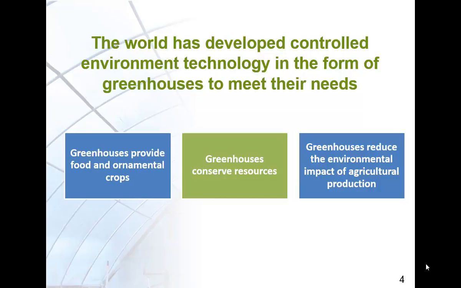And greenhouses can also reduce the environmental impact potentially caused by in-field agricultural production. And thus, the world has developed these controlled environment technologies we call greenhouses to help meet their needs to produce food and to save energy, water, labor.